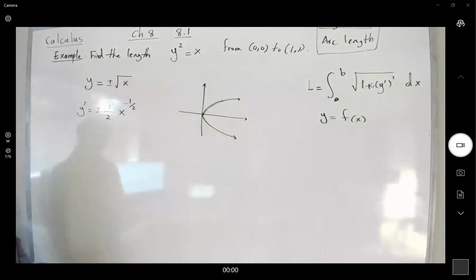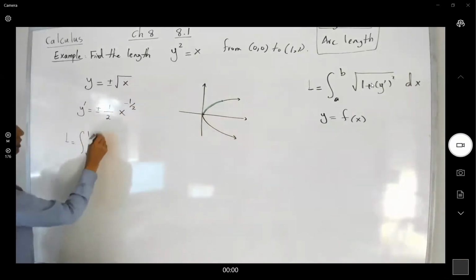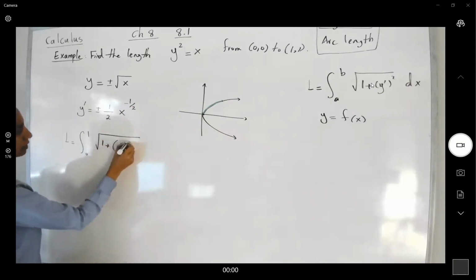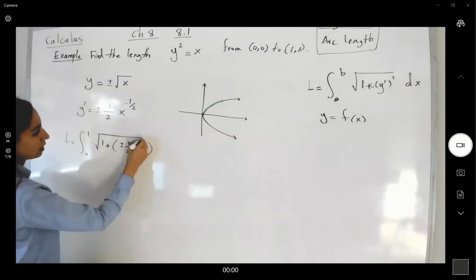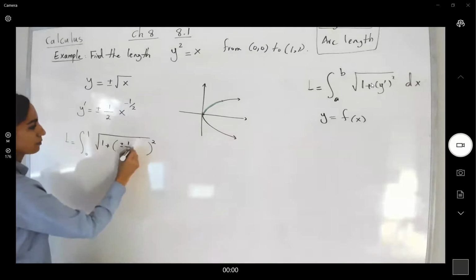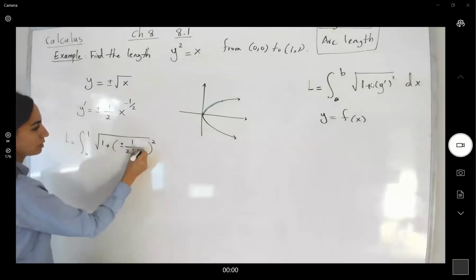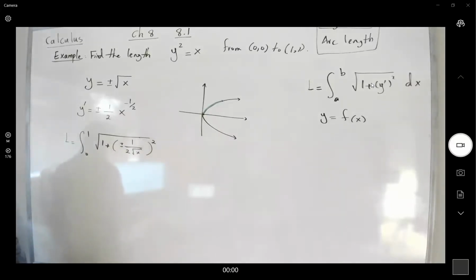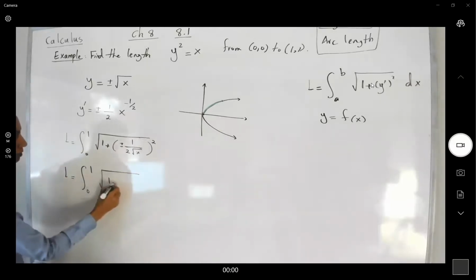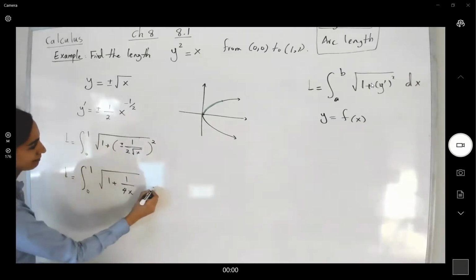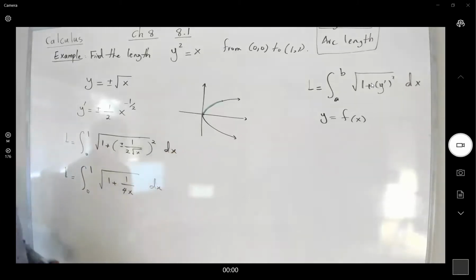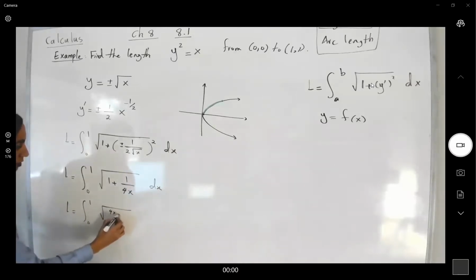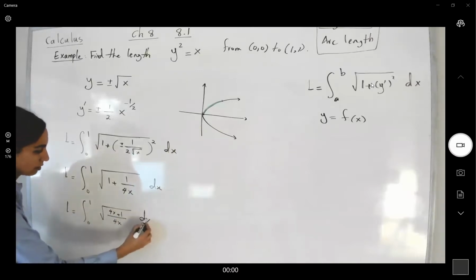Then our L is equal to the integral from 0 to 1 of the square root of 1 plus a half x to the negative a half squared, or just 1 over 4x. So L is the integral from 0 to 1 of the square root of 1 plus 1 over 4x dx, or L is the integral from 0 to 1 of the square root of (4x plus 1) divided by 4x dx.